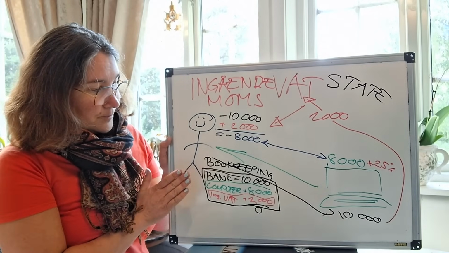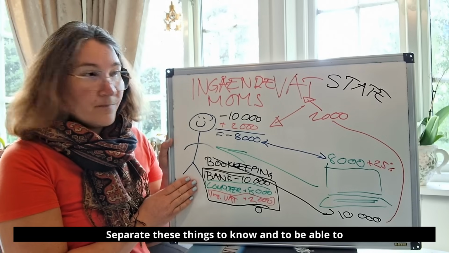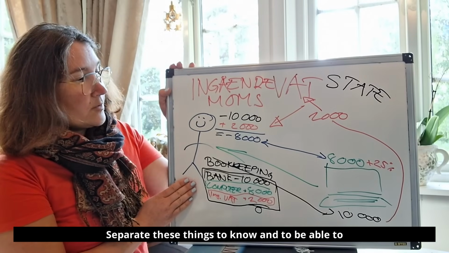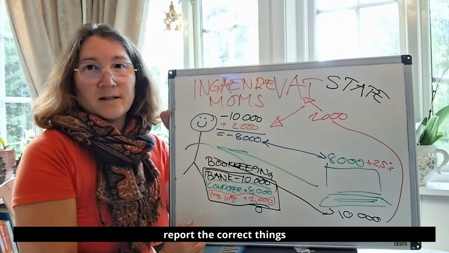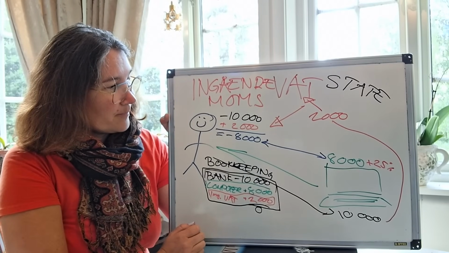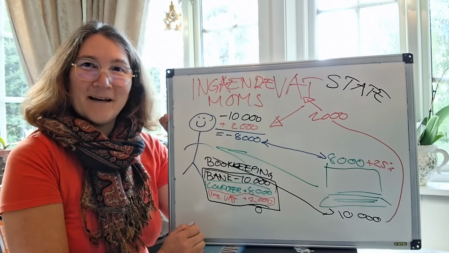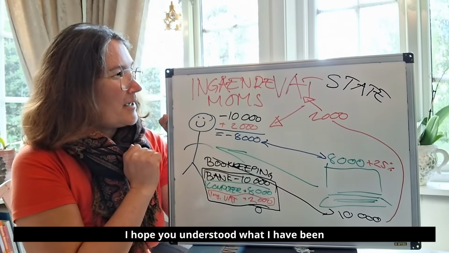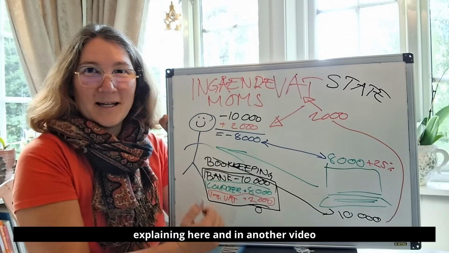So separate these things to know and to be able to report the correct things in your different tax returns. I hope you understood what I have been explaining here now.